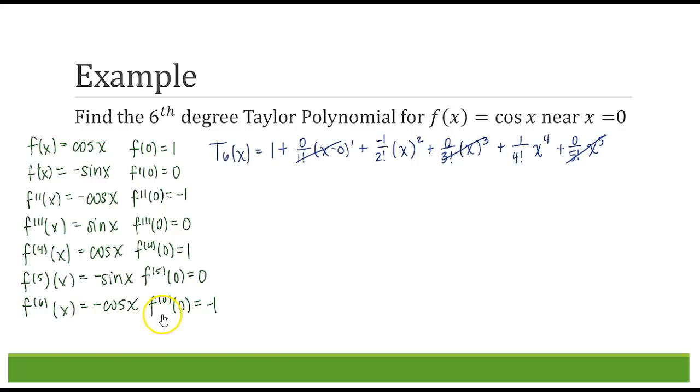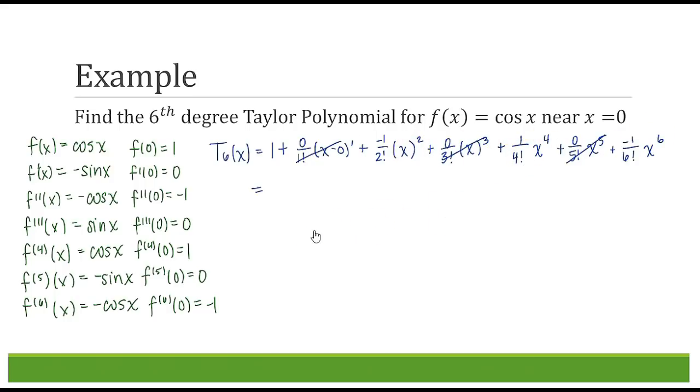And then here we're going to have the sixth derivative at 0 was negative 1, so we have negative 1 over 6 factorial, x minus 0 to the sixth. Alright, so we can see, what do we have left? We only have left the 1 and then all of the terms with even degrees.